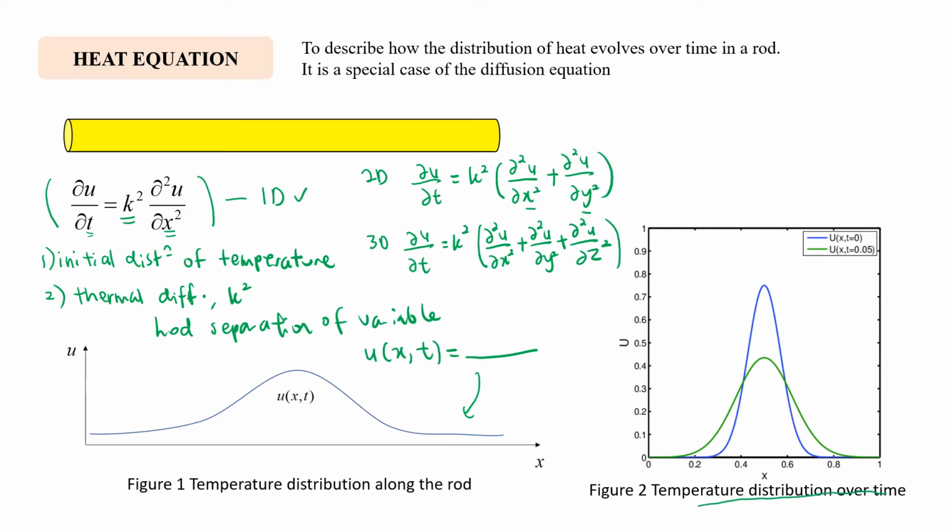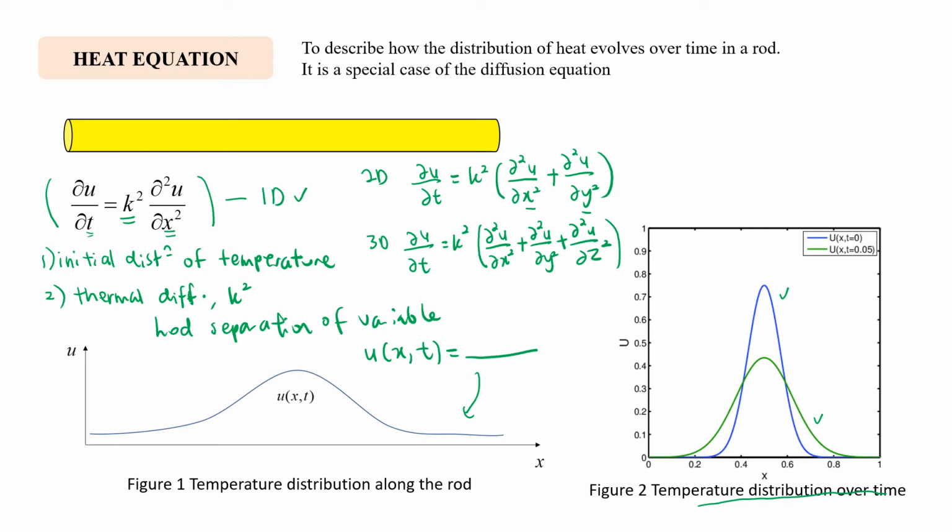For example, in this figure 2, the blue line shows the temperature distribution when t equals 0, and the green line shows the temperature distribution at t equals 0.05.